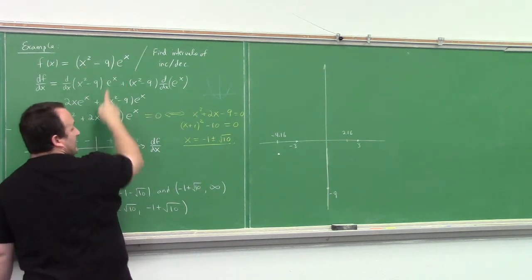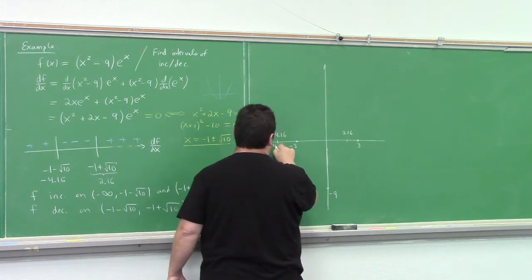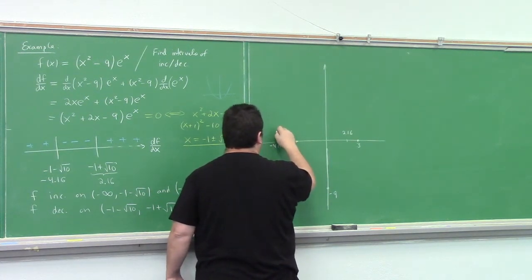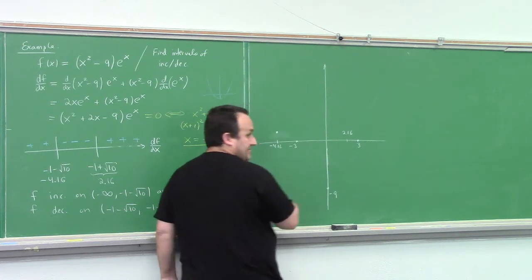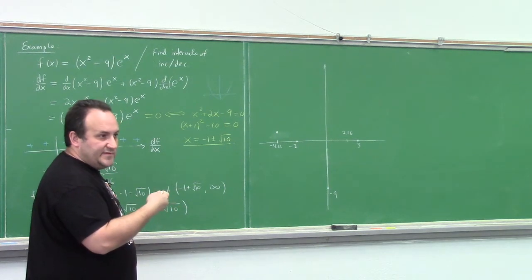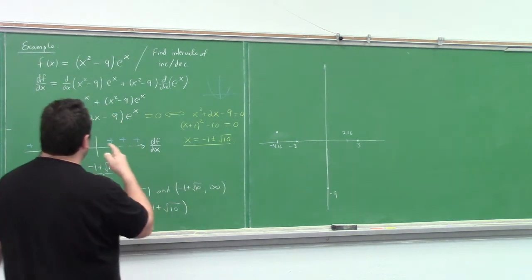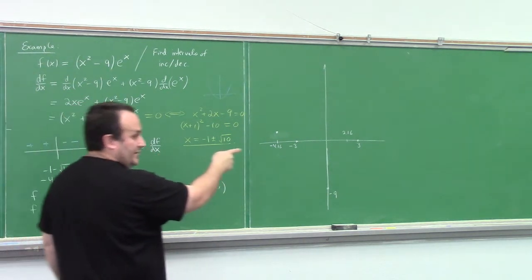That's 9, right? It's positive at minus 4.16. So I got to put my point on the right side of the graph, otherwise I'm going to get confused. So the function's up here at minus 4.16, right? It's pretty close to 0 because that e to the minus 4 power is super tiny. Okay? And then, what did I say? It's increasing. It was increasing up to that point.